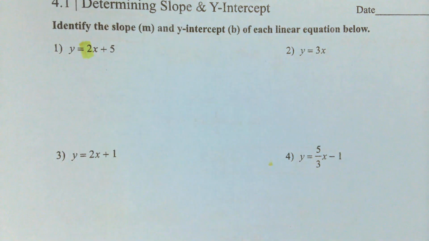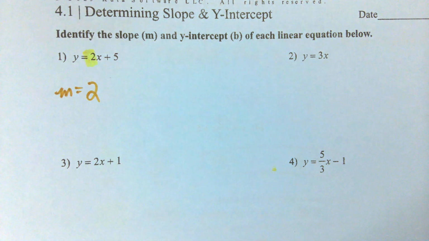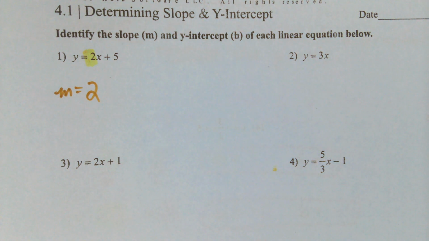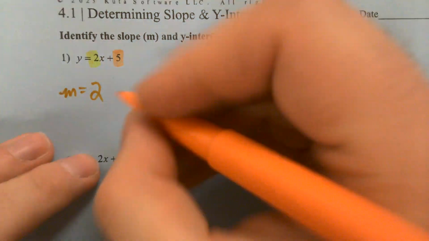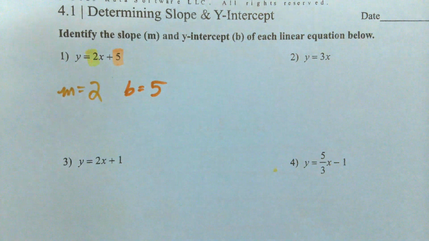So we're going to highlight that 2, and we're going to say M is equal to 2. What's my y-intercept, or value of b, that's being added on to the end of this? 5, right? 5 right there. B is equal to 5.